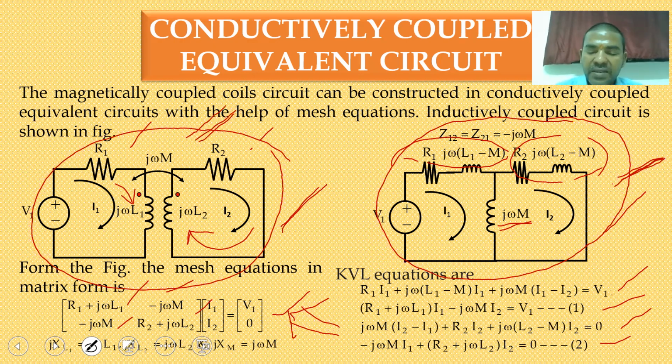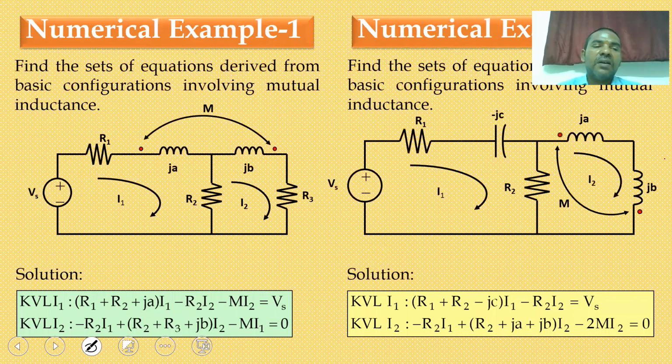So next, coming to the numerical examples. First I am going for the introductory problems, then we are going for the mathematical problems. Okay, so here we have to write the set of equations for the given circuit under mutually coupled condition. Two loops are there, so two currents must be there.